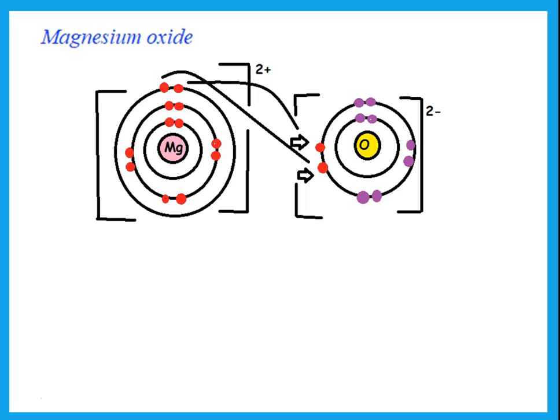Now the oxygen has 6 electrons because it is in group 6, so it takes these 2 electrons from the magnesium to complete its outer shell, and that means that the magnesium no longer has electrons in its outer shell, and it has lost 2 electrons, and that means it has an extra 2 positives. You can also write it 2 plus or plus 2. Now the oxygen originally had 6 of its own plus the 2 that it took from the magnesium, and that means it has 2 extra negatives on it. Do not forget to write the charges.